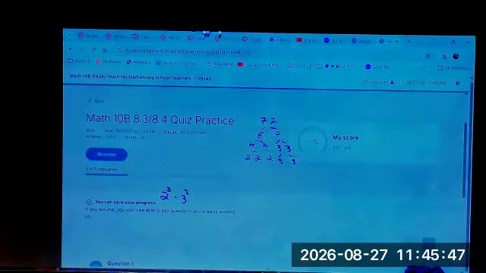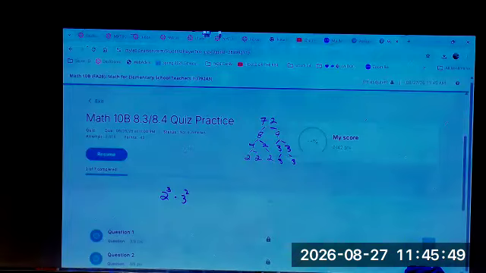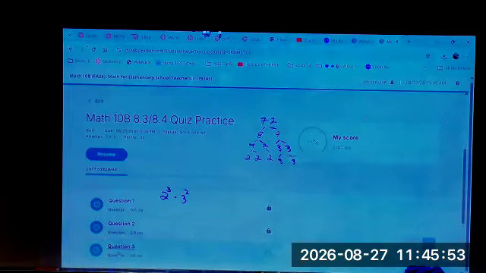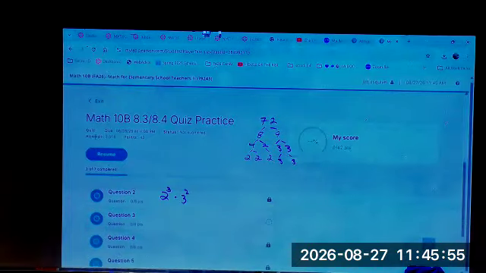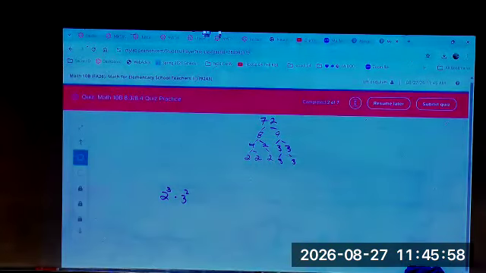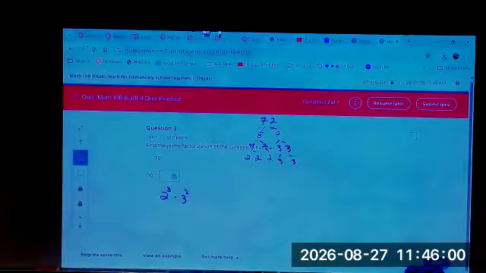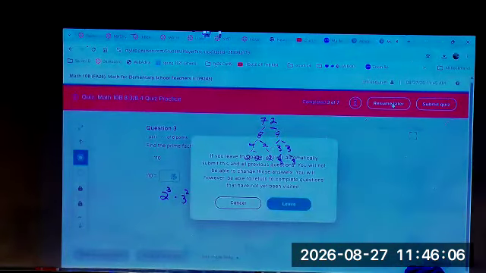So I've done 2 questions. When I come back, I'm going to resume at question number 3. It's not going to let me change 1 or 2. And if you notice, resume later, if I try to hit this, it's not going to let me skip question 3 when I come back, because I've already seen it.